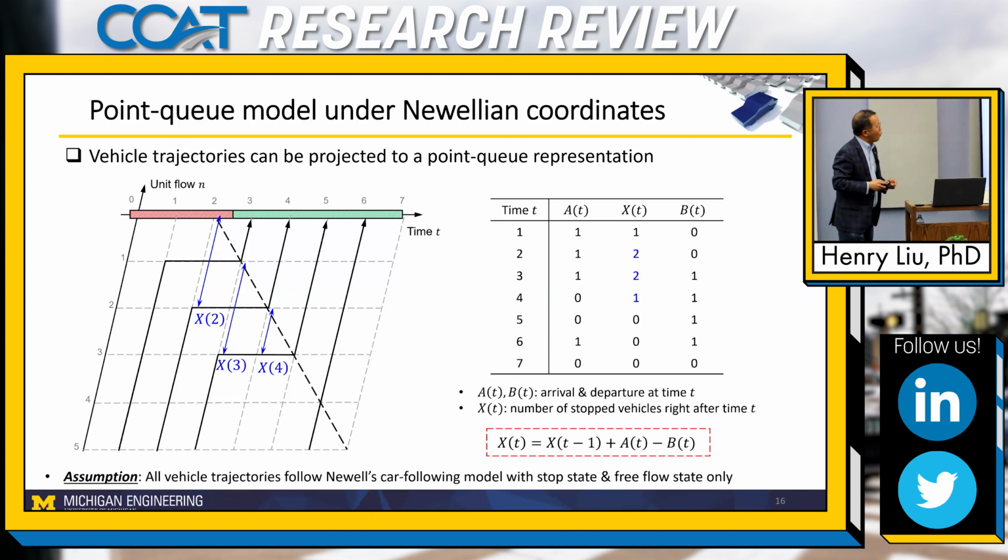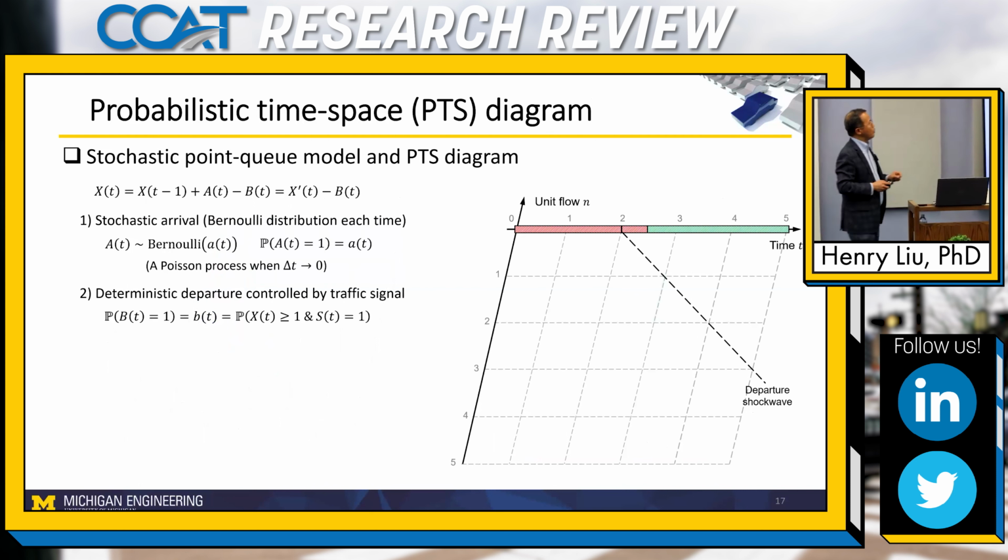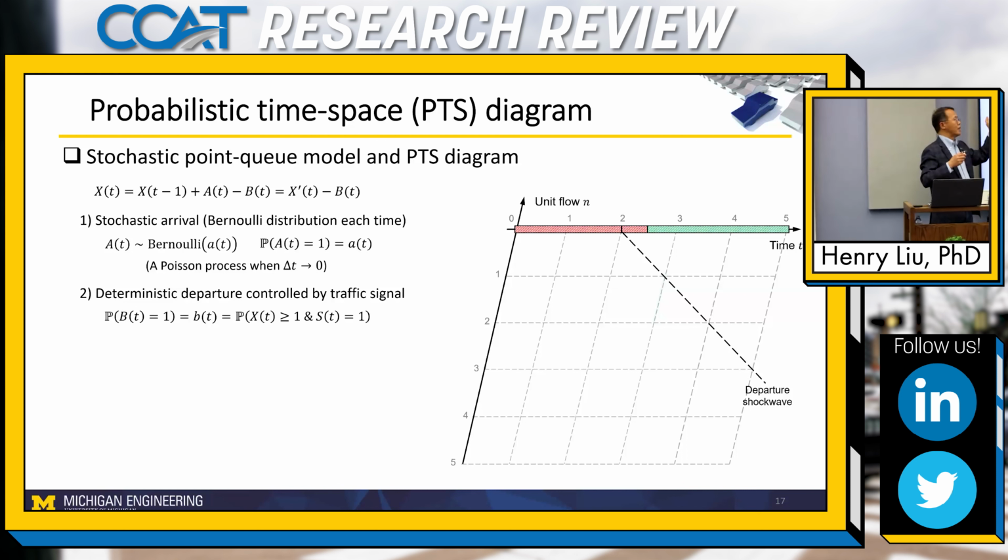All right. So with that, you can make assumptions, say that your arrival A follows, let's say, a Bernoulli distribution. Then you can calculate the departure: I know the traffic light, and if it's green, you have a deterministic departure.